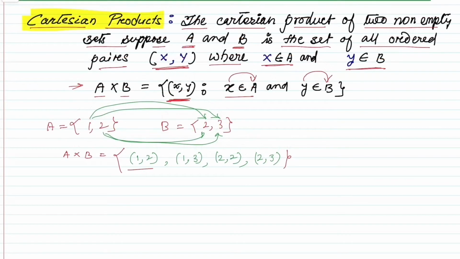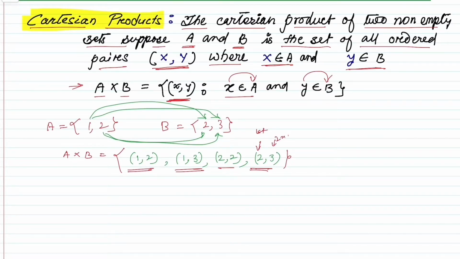These are called ordered pairs, and each ordered pair contains two components. This one is called the first component and this one is called the second component.